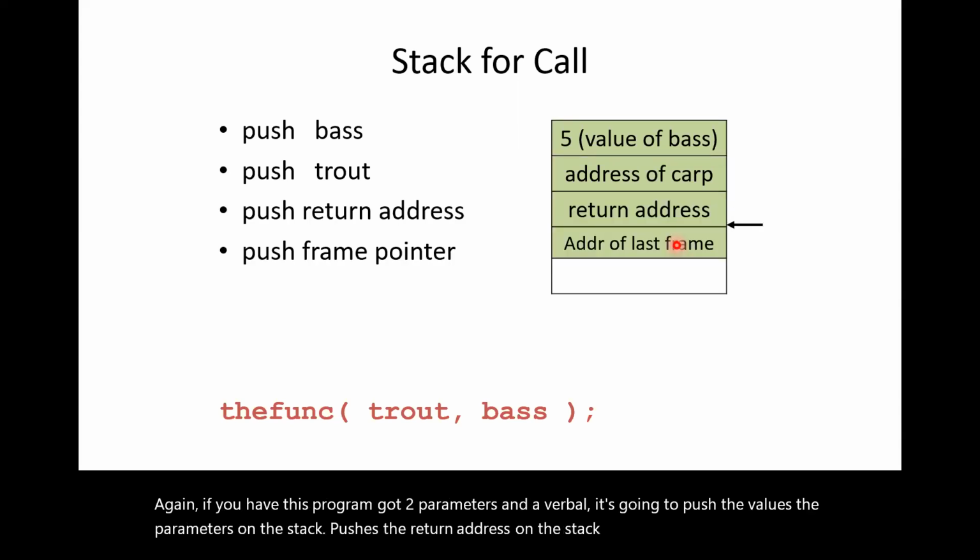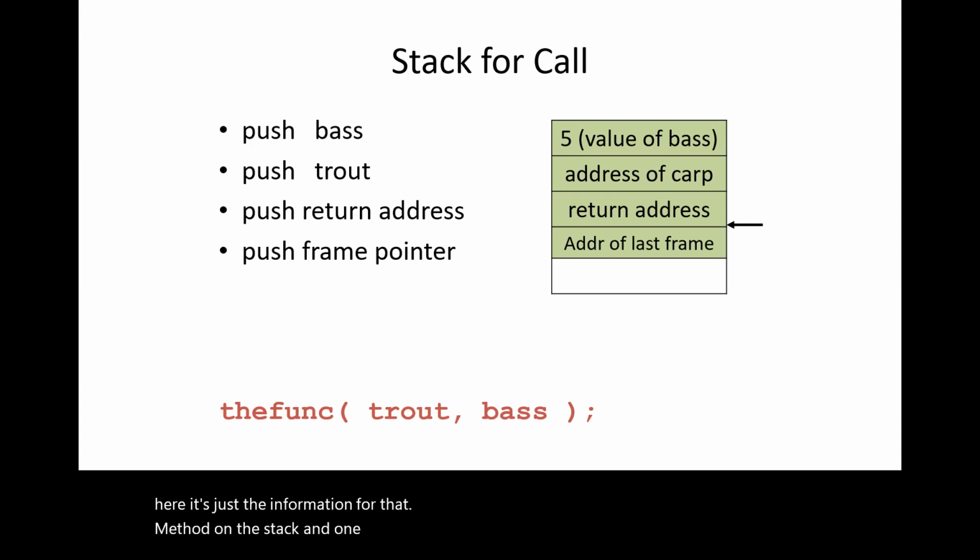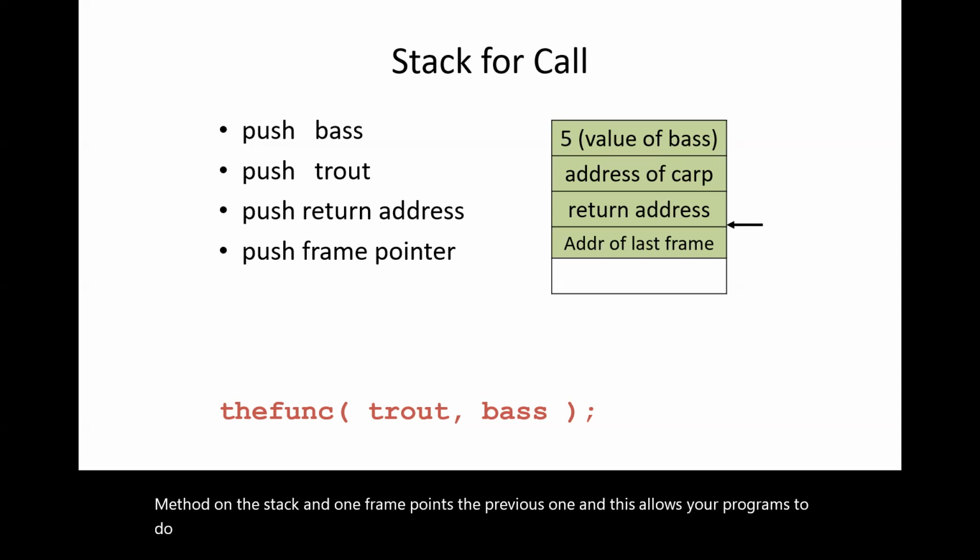Now you're in the method. It puts the frame pointer, which points to the previous frame. The frame is just the information for that method on the stack, and one frame points to the previous one. This allows your programs to do stack tracebacks.